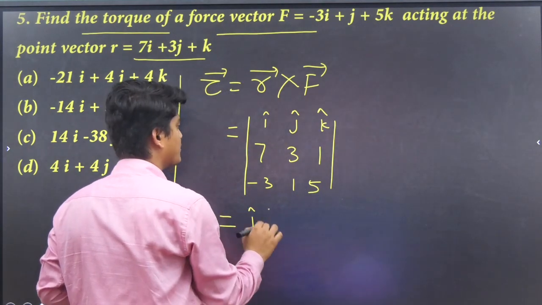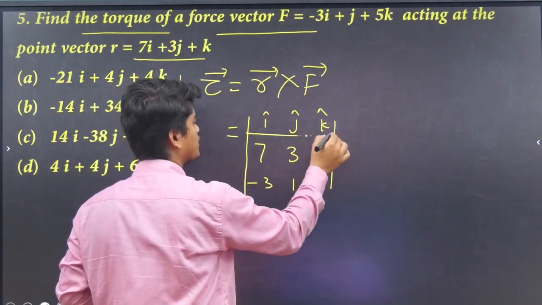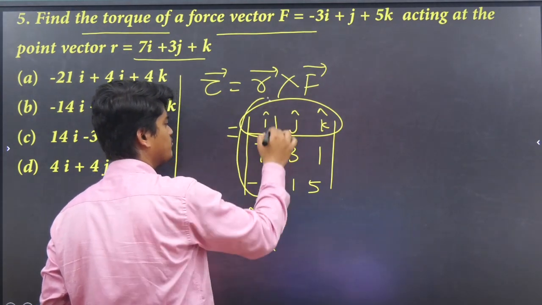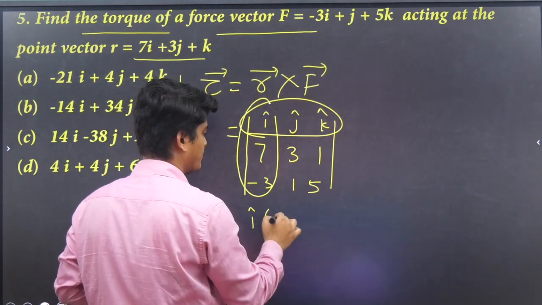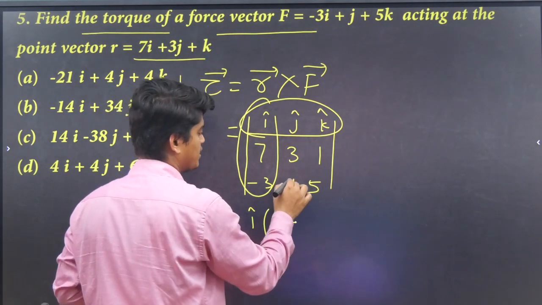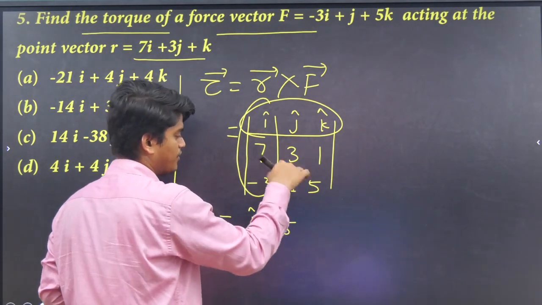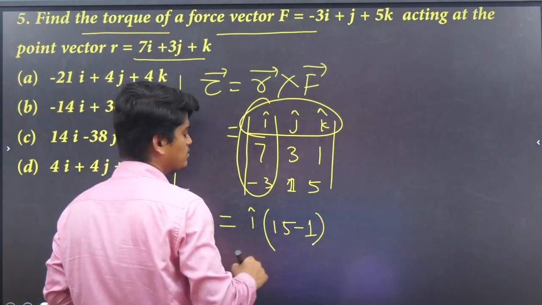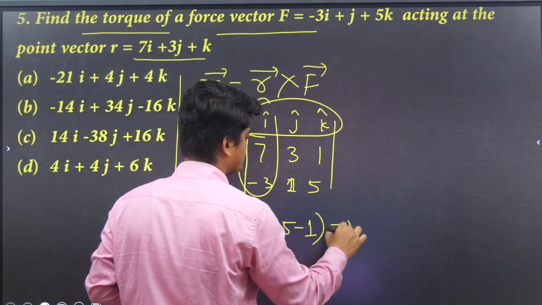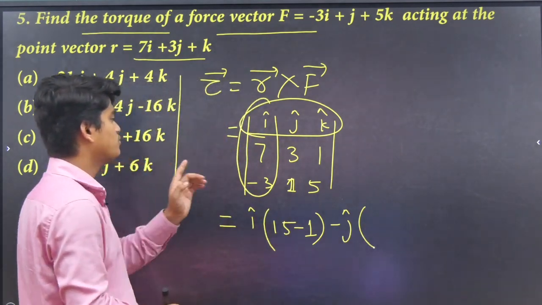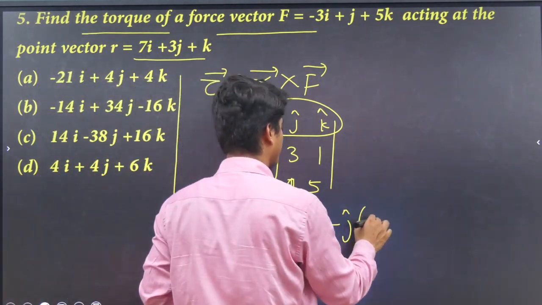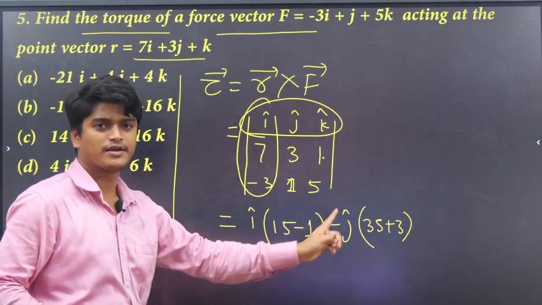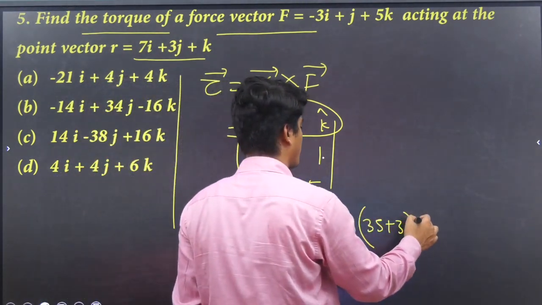Now here I cap into, okay, this is your row, you have to close this row and this column. Now how much is it coming? 3 into 5 is 15, minus 1 into 1, so 15 minus 1. Now again do minus J: 7 into 5, 35, plus 3 will come, because this is minus 3 and another minus will be there, so that's why I am writing plus 3.